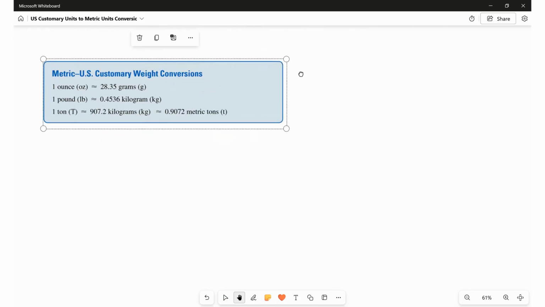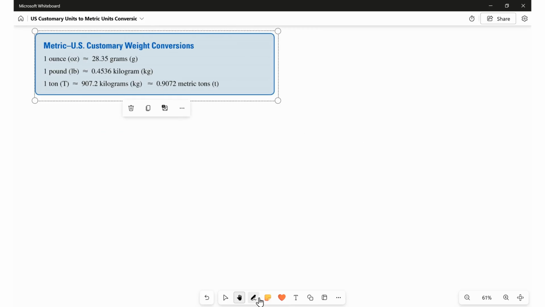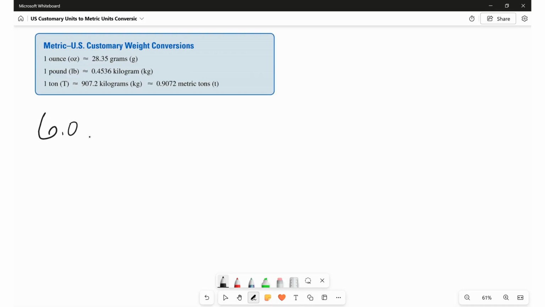So now let's get into some weight conversions. We have our metric to US customary weight conversions, or customary weight conversions to metric, and let's do a couple of these. Let's say that we want to convert 6 ounces to grams.